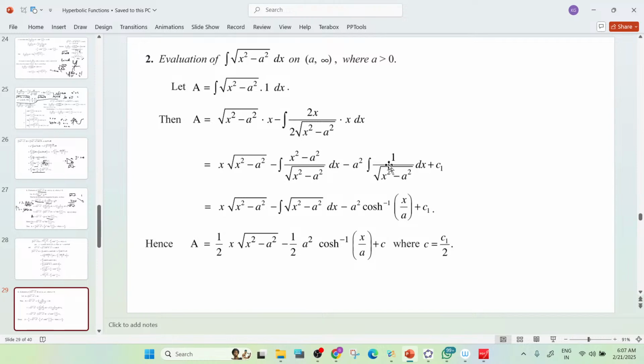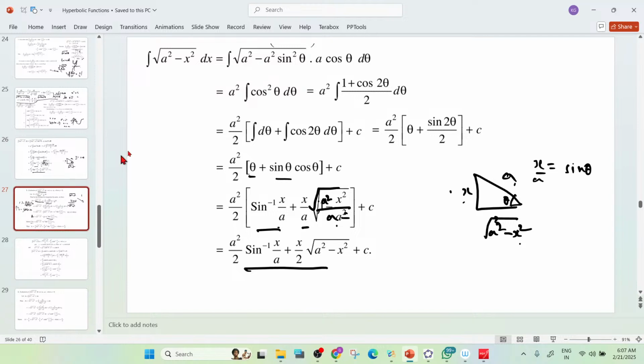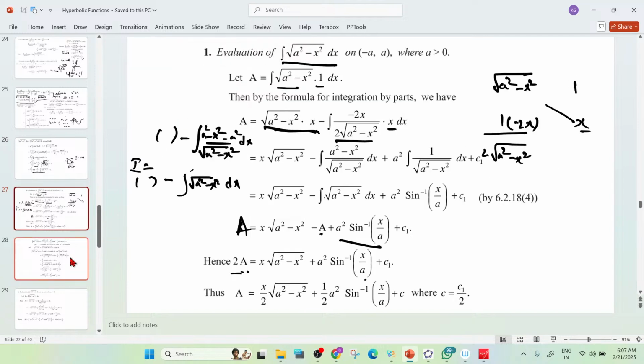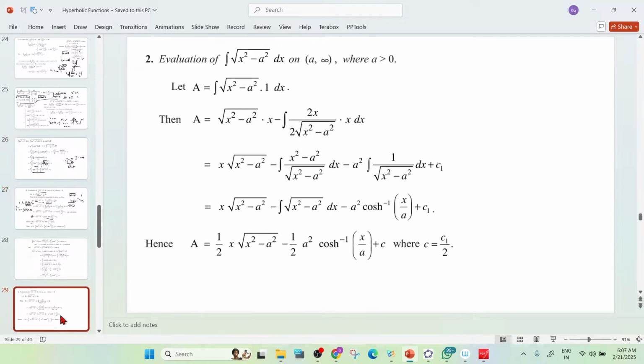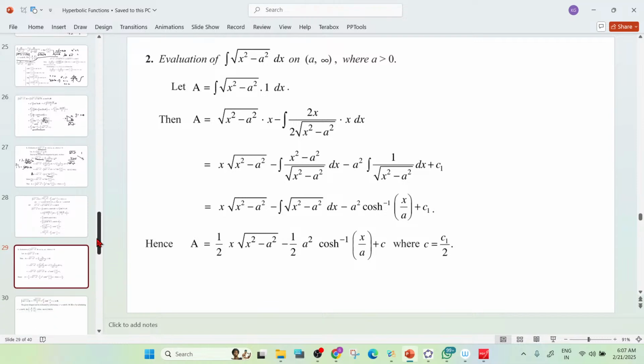This is a known function, cos h inverse. So 2I becomes this minus this, and I becomes this by half. Same technique we used in this.